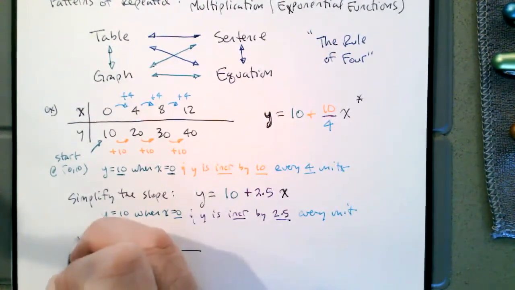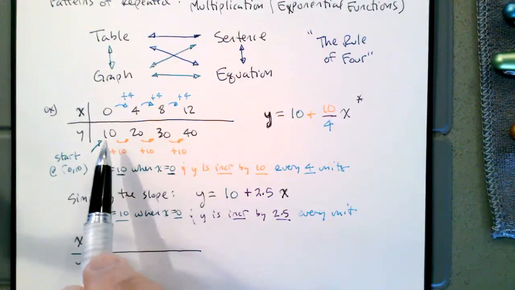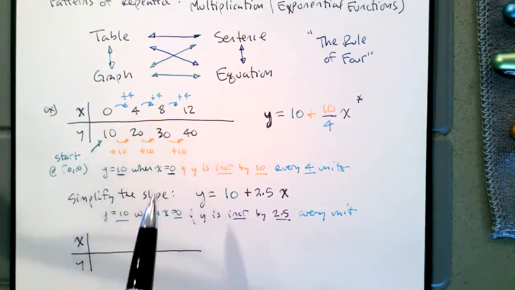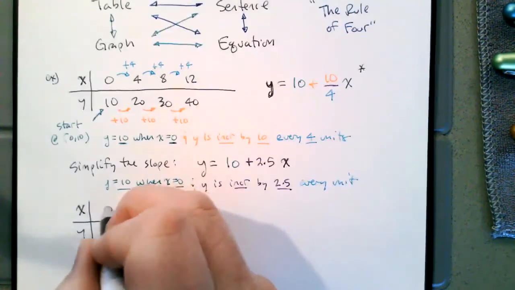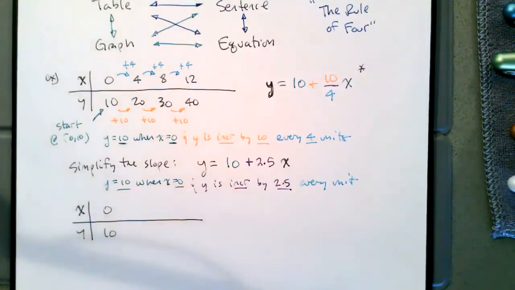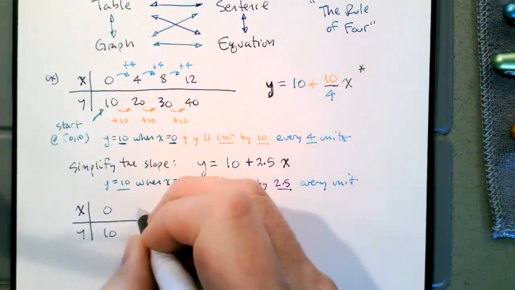This equation we could use to write a table about what's happening, not from 0 to 4 to 8 to 12, but what's happening in between 0 and 4. So we could start off at 0, 10, like we did before, but now we'll add 2.5 every 1 unit.